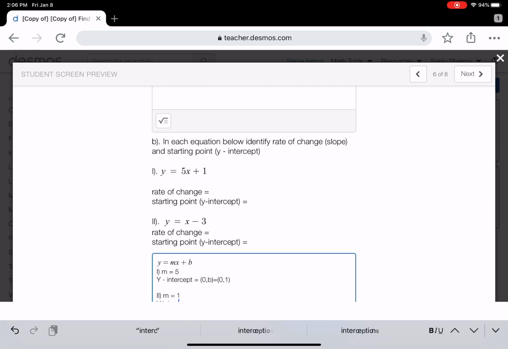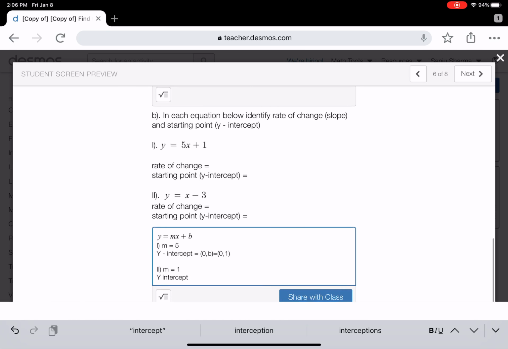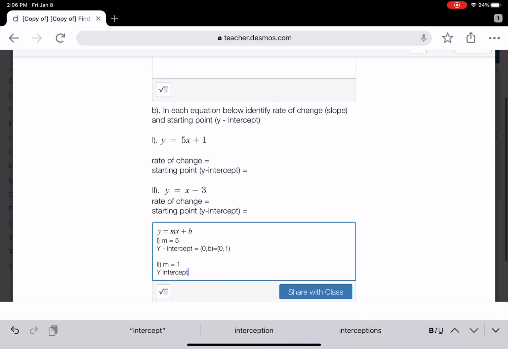The y-intercept is 0, b, which is 0, comma, -1. Negative because the sign changed from plus to negative. The general formula is y equals mx plus b, but the given equation is y equals x minus 3. So the sign changed, so the b value in the y-intercept is negative 3.